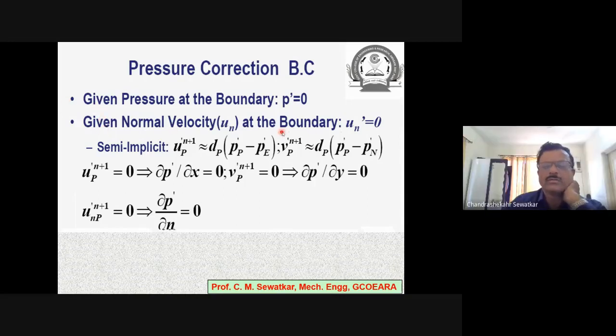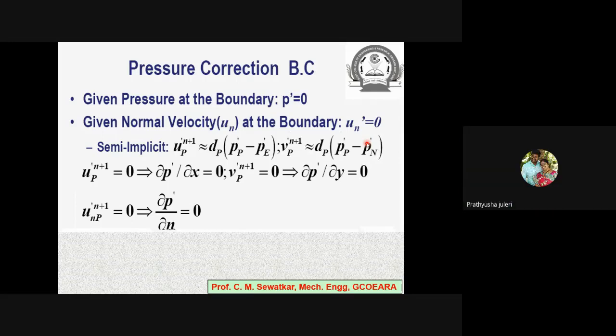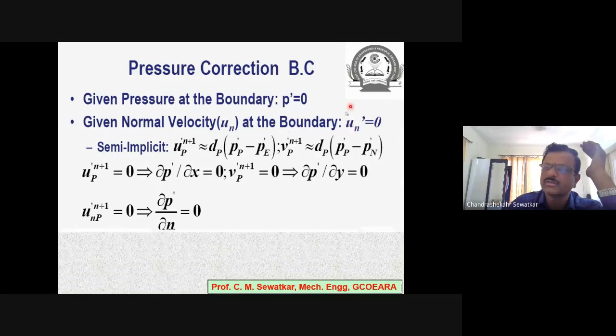So given normal velocity at the boundary, normal velocity is always 0. So its u prime is also 0. On the boundary itself, the velocity normal to the boundary is 0, and hence on the boundary, the fluctuation in the velocity is also 0. Correction in the velocity is also 0. So un prime is 0.